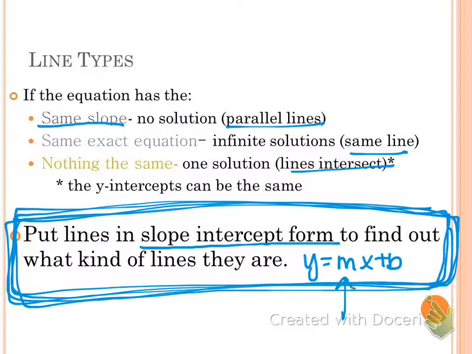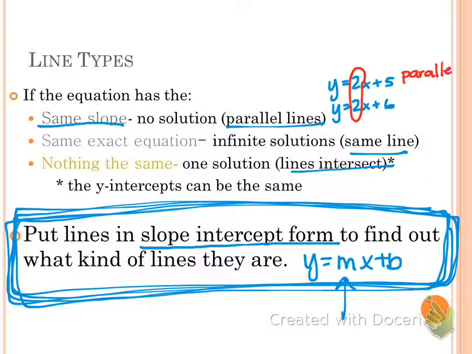M. So if I have an equation that looks like this, y equals 2x plus 5 and y equals 2x plus 6, okay, I will know automatically, without graphing, these are going to be what type of lines? Oh, I look and see what they have the same. They have the same m. So I know that these will be parallel lines.